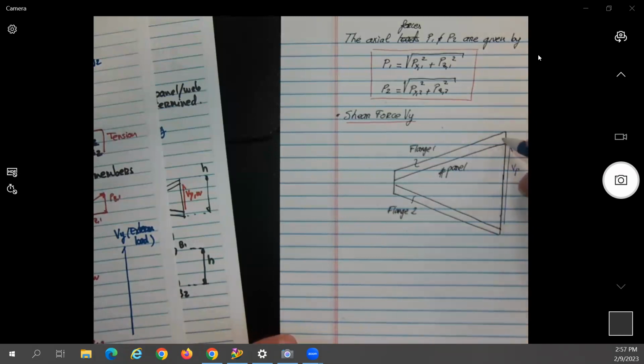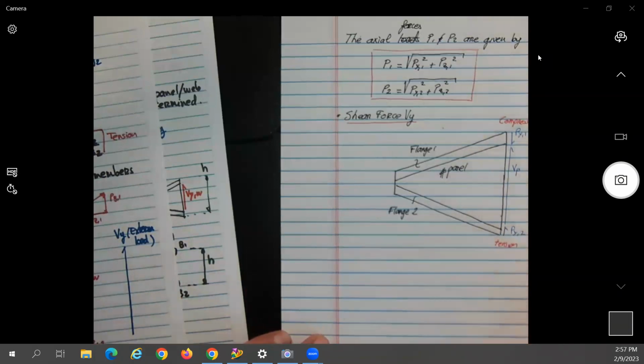If this is in compression, the Y component will be going in what direction? So it will be Py sub 1, because remember this side is in compression. This side is in tension. So in this case, we're going to have here now Py sub 2.